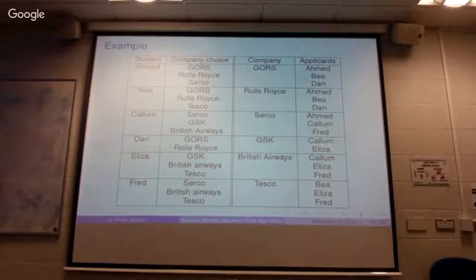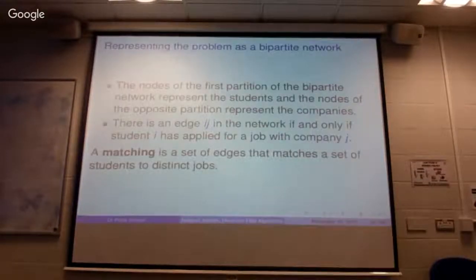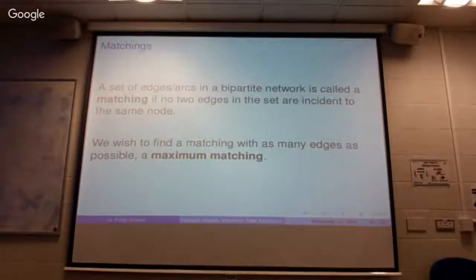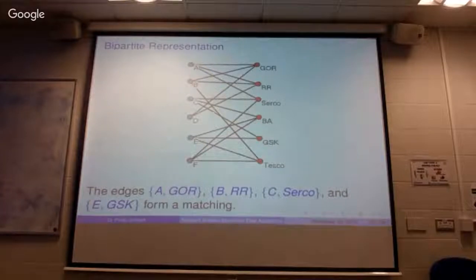And then there was a problem. So the question is, you've got some students and you want to assign them employers or something, and it doesn't really matter too much. What it led to is you've got this in the handout, so you can read later, but I'll just briefly go through it. It leads to this graph.